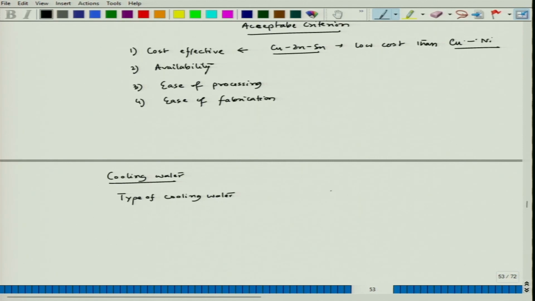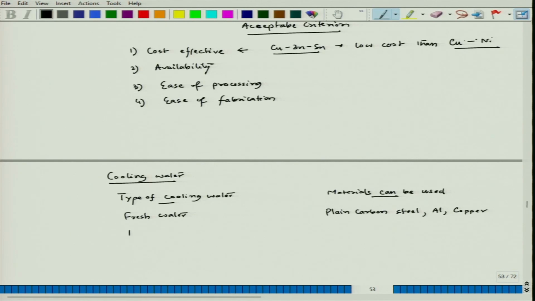And on the right side let us put materials which can be used. Okay. So, we can have fresh water, that time plain carbon steel, aluminium, you can talk about copper, that can also work.